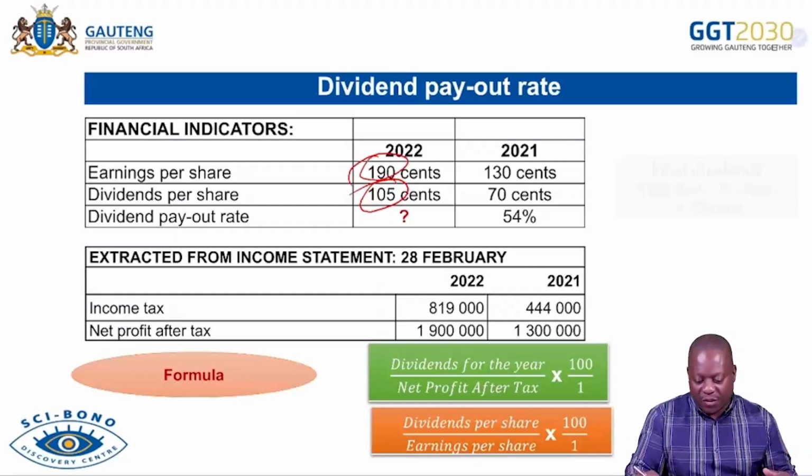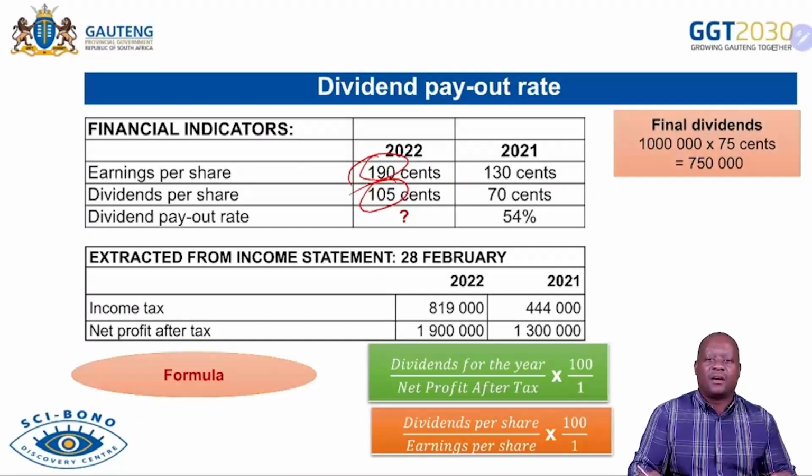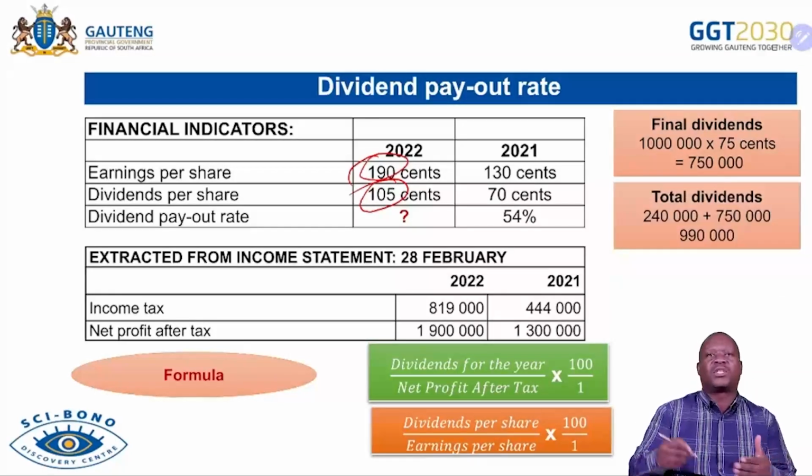Now let's deal with the first one first. For this one to work, we need to remember the final dividend. Remember, the final dividend was 75 cents per share, and we had issued 1 million shares, so it gave us 750,000. And then we also need to look into the total dividends.